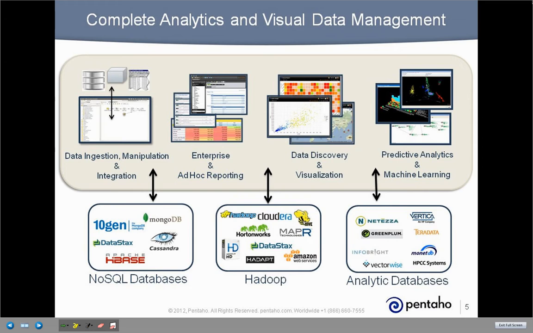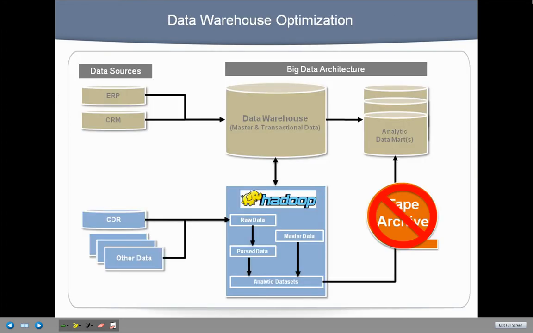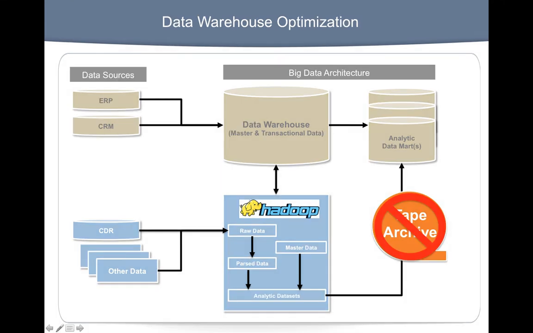Just to revisit what we talked about in the first session, we really see predominantly three use cases emerge from how people are leveraging big data. One is around data ingestion, enterprise data warehouse optimization, helping on the ETL side and streamlining that process.